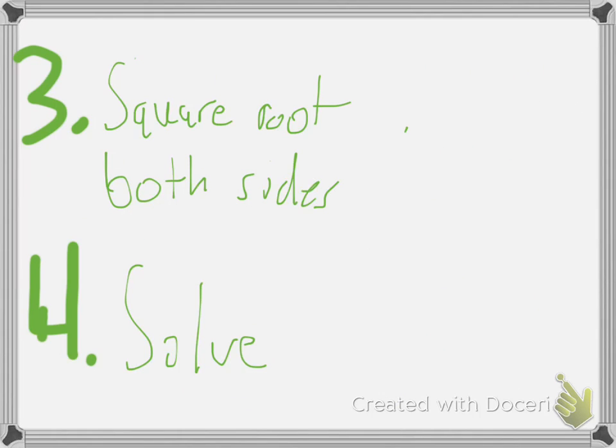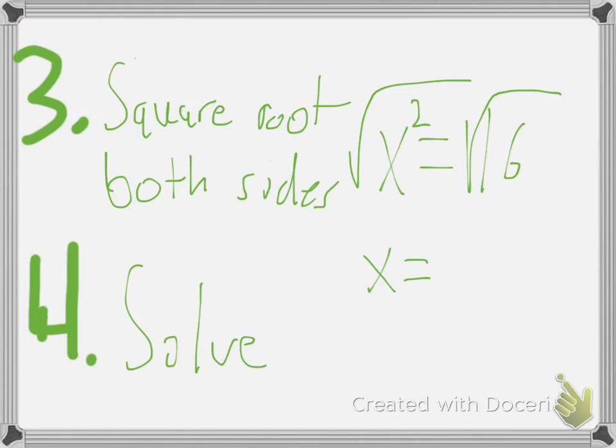The third step is to square root both sides. So we have x squared equals 16. So we're going to take the square root of both sides, which comes out to x equals plus or minus 4, because we have to have two solutions, because 4 is the square root of 16.